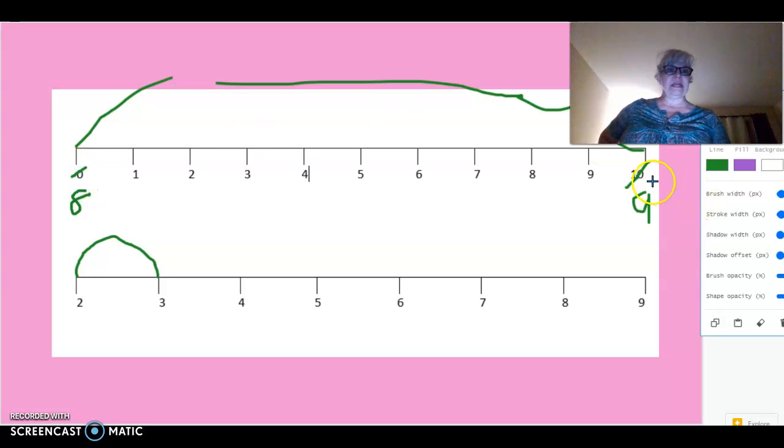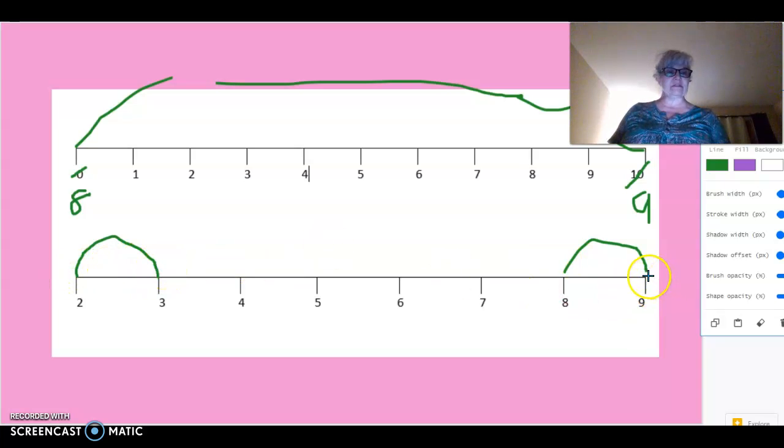So I'm going to say 9, 8 9/10, 8 8/10, 8, and we're going to switch to decimals here, 8.7, 8.6, 8.5, or 8 5/10, 8.4, 8.3, 8.2, 8.1, and 8. So each time I count, I'm counting the same amount of numbers. So I'm counting 10 different steps in here and 10 in here.